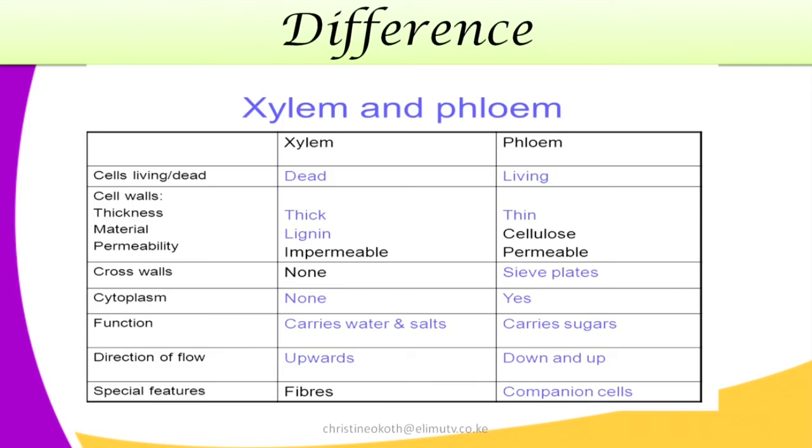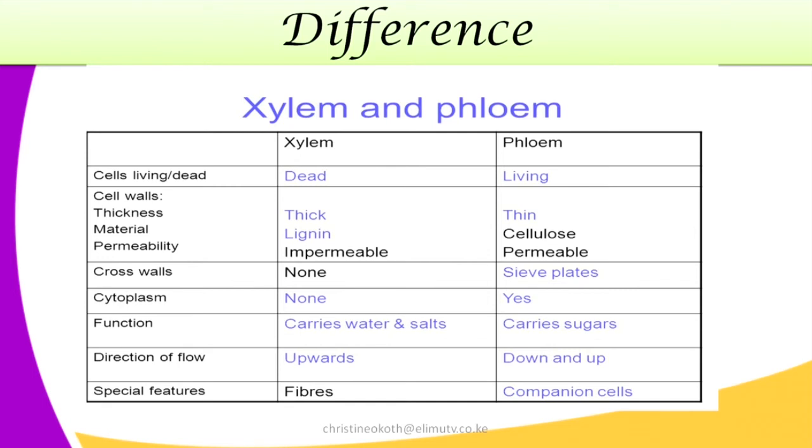The xylem cell wall is composed of lignin, which helps it with rigidity. Then the phloem cell wall is made up of cellulose. The xylem cell wall also is impermeable, which means nothing can go in between. And in the phloem tissue, the cell wall is permeable. Things can pass in and out easily.